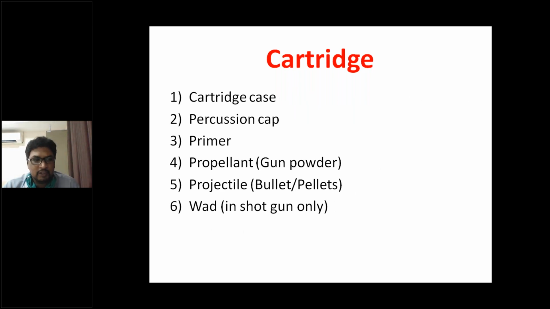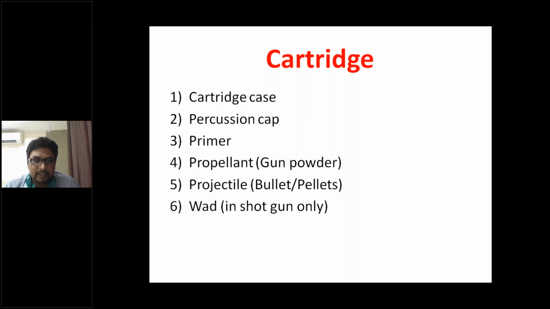Some of the other components of the cartridge are the cartridge case, which is the shell, the percussion cap, the primer, the propellant which is gunpowder, the projectile which is bullet or pellets, and the wad. The wad is only present in shotguns.